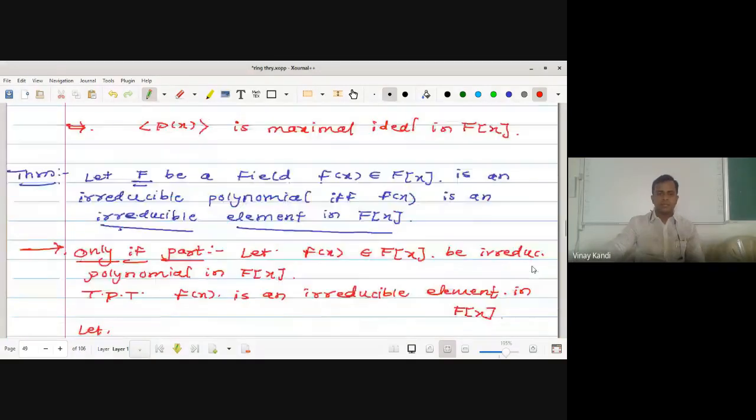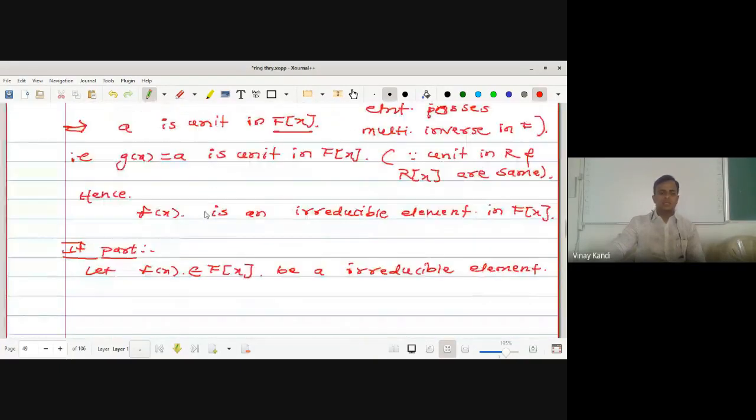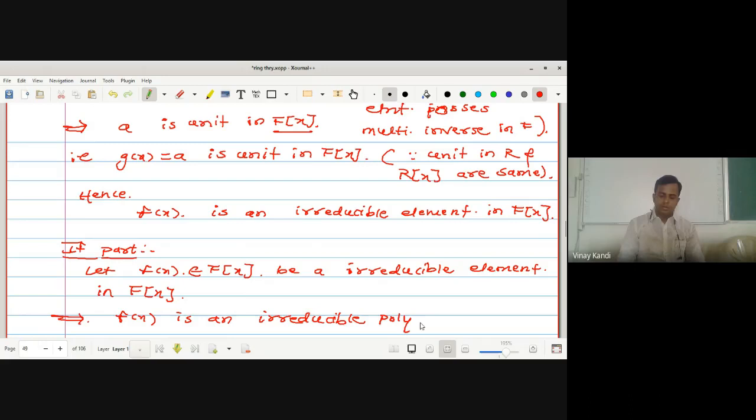Now what do we have to prove? We take an irreducible element and prove it is an irreducible polynomial. Hence, f of x being an irreducible element in capital F of x implies that small f of x is an irreducible polynomial in capital F of x.